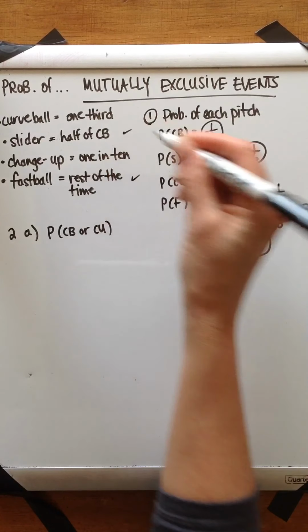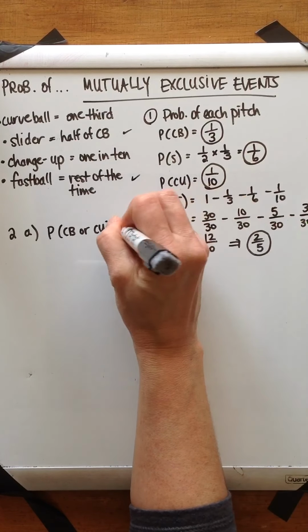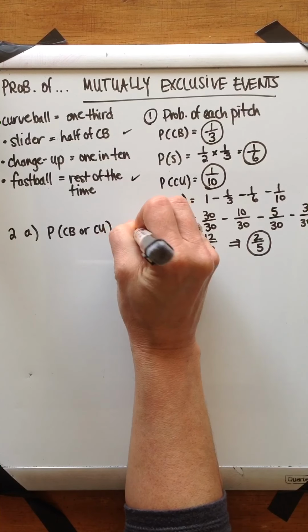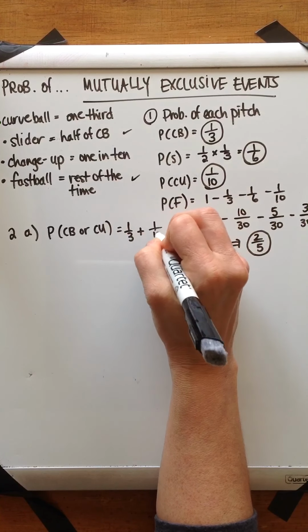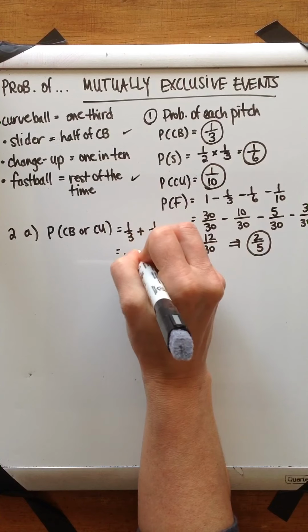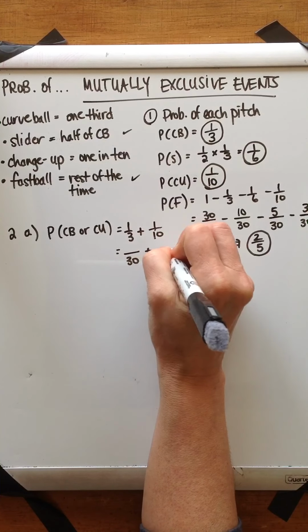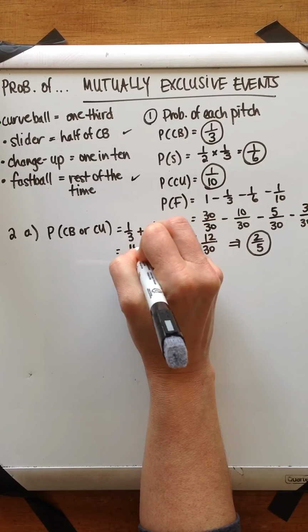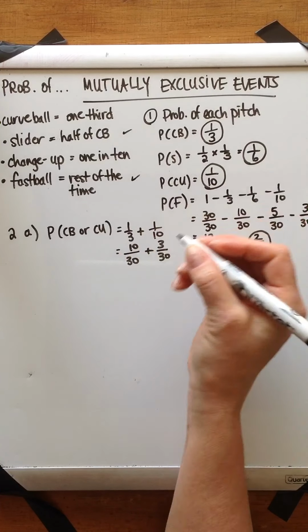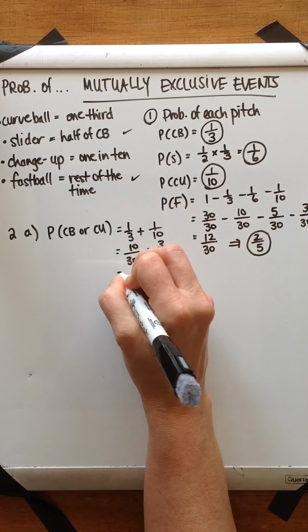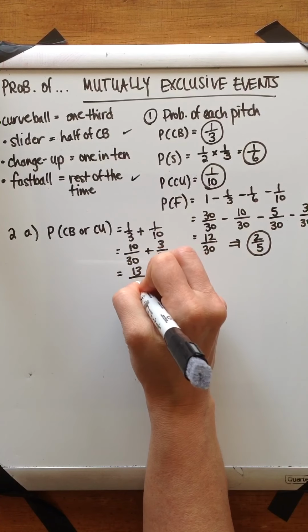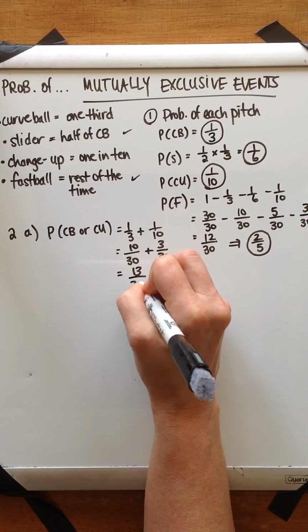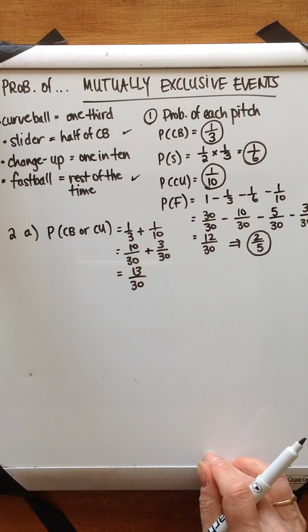Okay, so that'll be the sum of those 2 probabilities. So I have 1/3 plus 1/10. Again, I can't add these together unless they're the same size. We can convert them into 30ths, in which case I will have 10 30ths for the first pitch, 3 30ths for the second pitch, and end up with a probability of 13 30ths, or less than half the time.